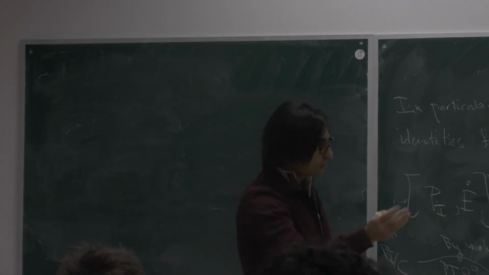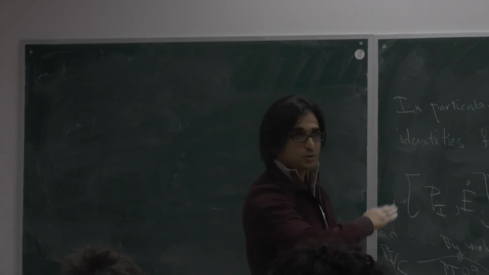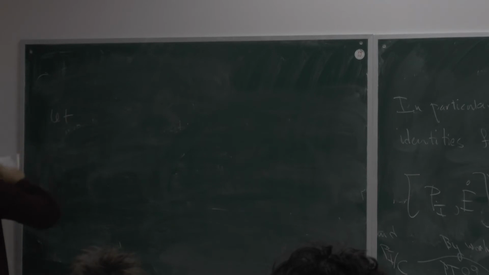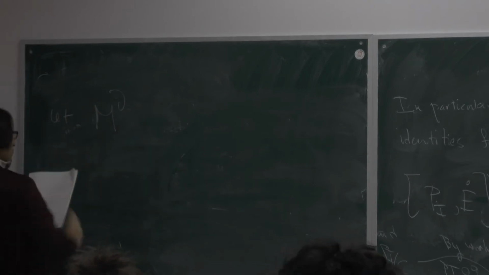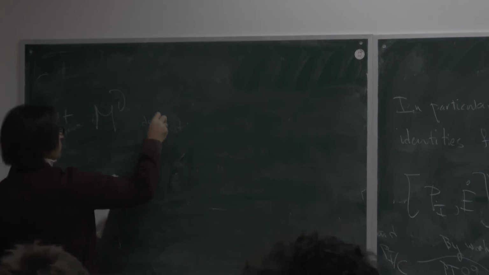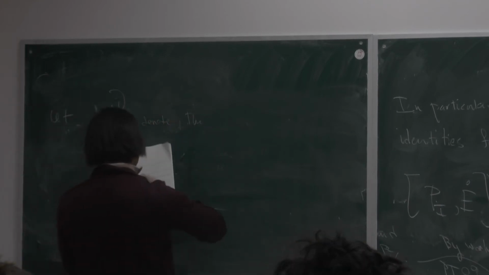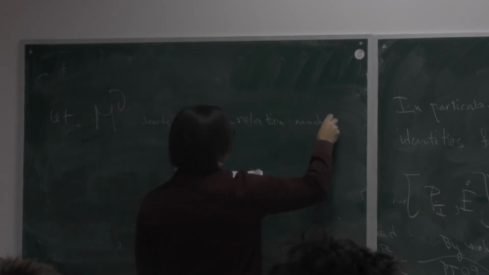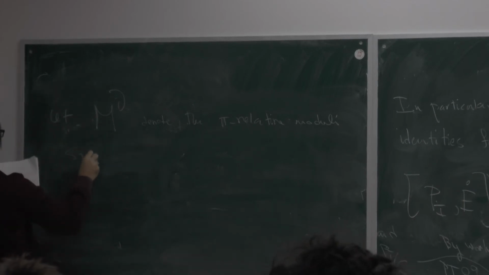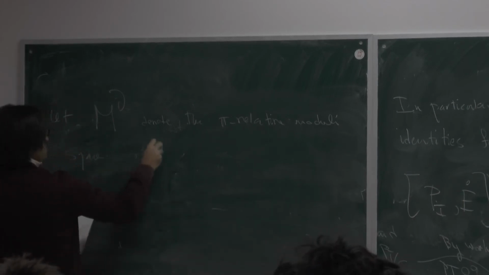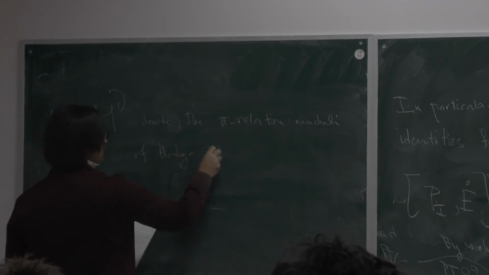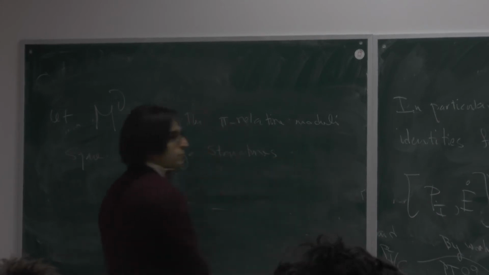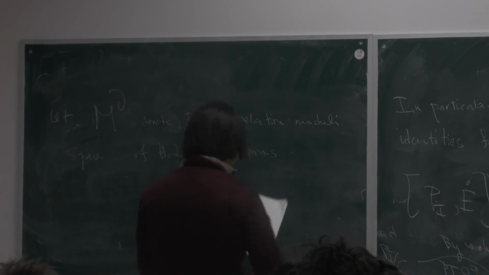Now for the whole fibration, which I called pi or something, I can construct a pi relative moduli space. So M nu, for instance, denotes the pi relative moduli space of Hodge structures for this K3 fibration.